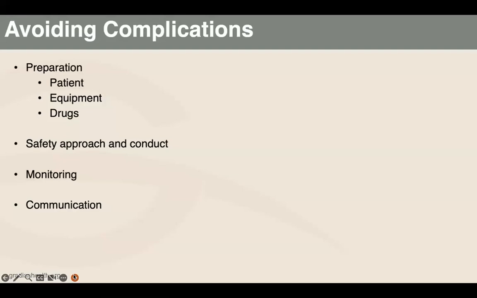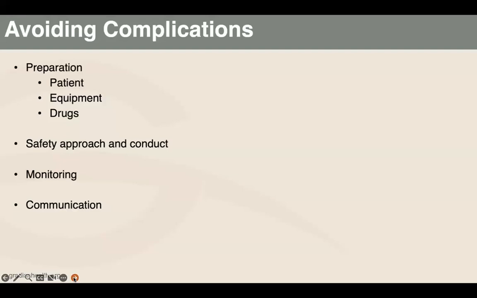You can also prepare your equipment to tackle different complications. So put your bougie if you're expecting a difficult airway, put your stylet, prepare auxiliary oxygen if you are in a place where oxygen depletion can occur commonly.